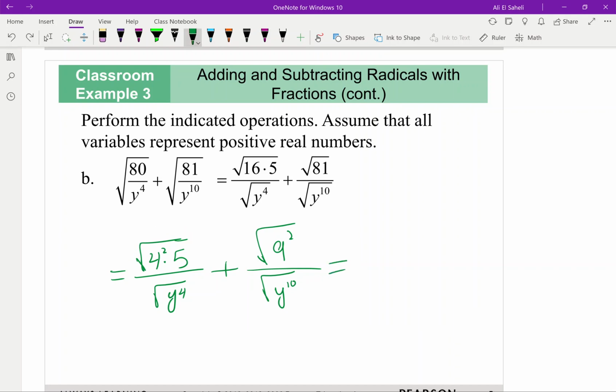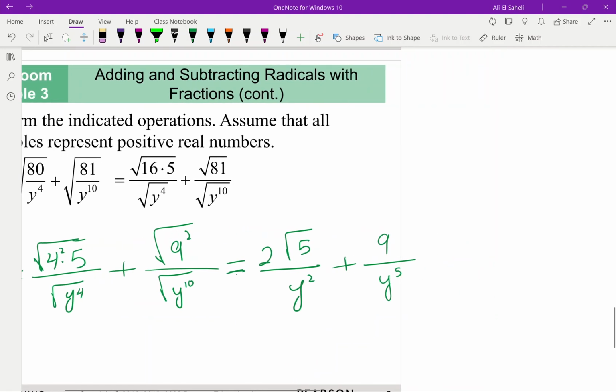This 4 squared comes out as 2. Radical 5 is stuck in under the radical sign. This is y to the power 4 over 2, so it's y squared. This is 9 plus 9, and this is y to the power 10 over 2. So this is y to the power 5.